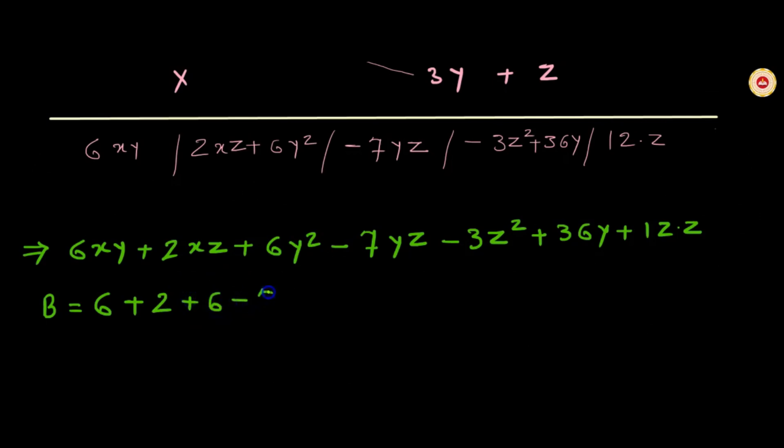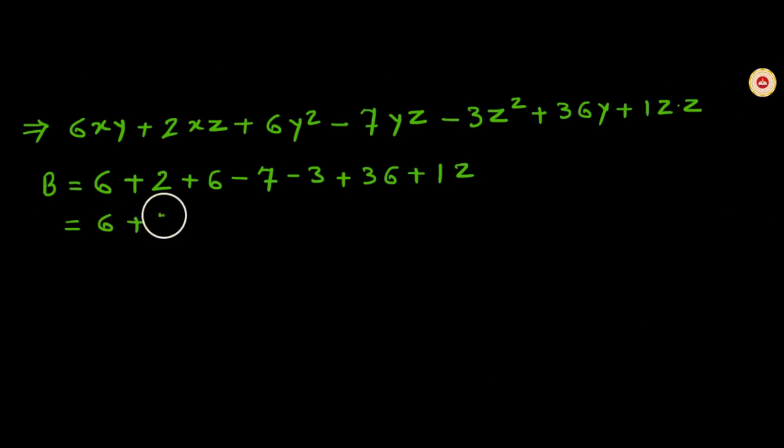Going on, minus 7, minus 3, plus 36, plus 12. 6 plus 2 plus 6 minus 7 minus 3 plus 3 plus 6, 9 plus 1 plus 2, 3.